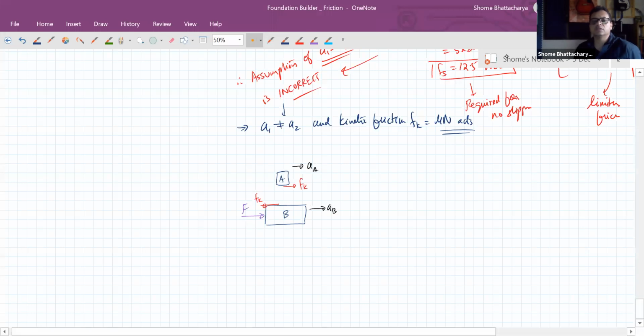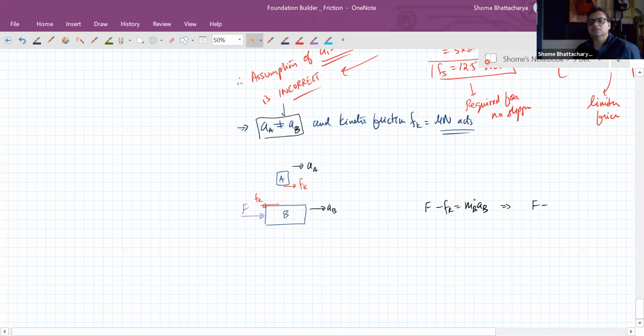Okay, so this assumption has already failed now. So A1 will not be equal to A2. The acceleration of A will not be equal to the acceleration of B. They have different accelerations, and this is how the free body diagrams look. So F minus kinetic friction is equal to mass of B into acceleration of B. This equation will tell me how much the acceleration of B is.